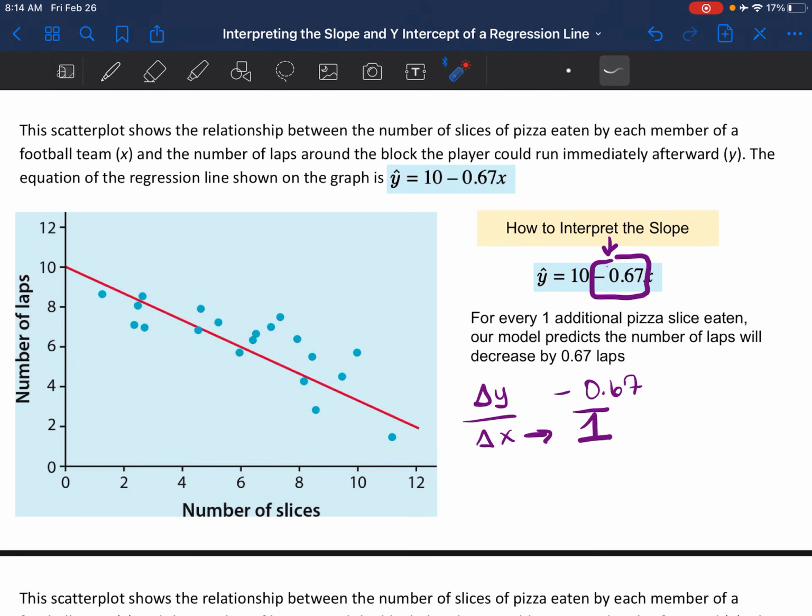So when I want to interpret this, I look at my slope, and I know that is the change in the response variable for every one additional explanatory variable. So for every one additional pizza slice eaten, it goes down by 0.67.